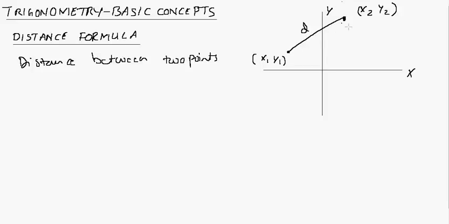Now to find the distance between these 2 points, let us form a right-angled triangle and use the Pythagoras theorem to find the distance. Let us draw a horizontal line from this point parallel to the x-axis and a vertical line parallel to the y-axis.